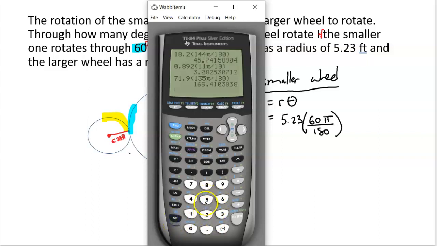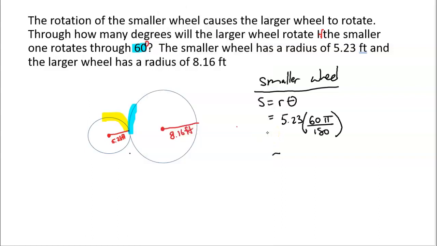Oop, my calculator turned off. 5.23 times 60, and then pi divided by 180. So my arc length is going to be about 5.476, so I'm going to round to about 5.48, and again, feet.